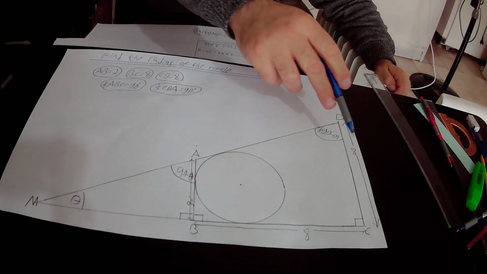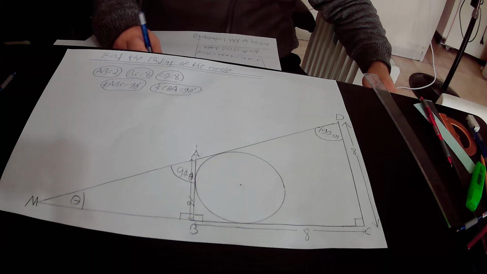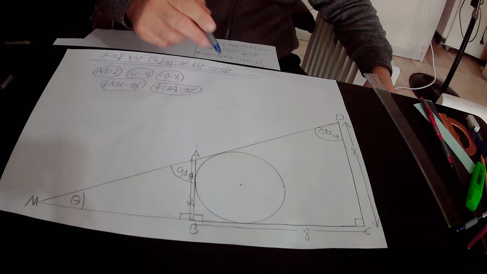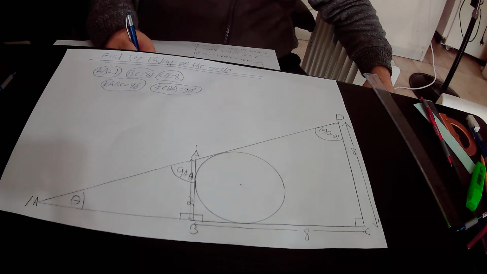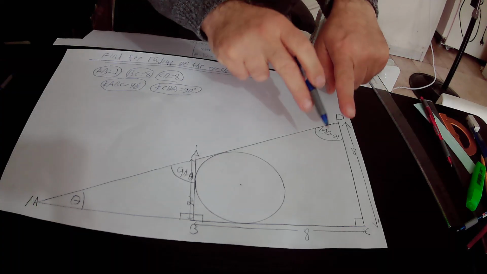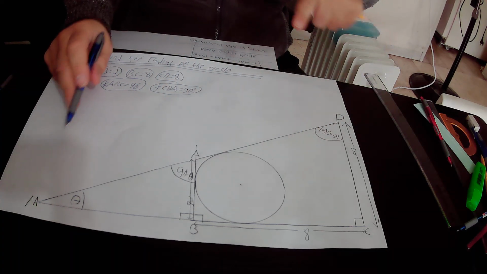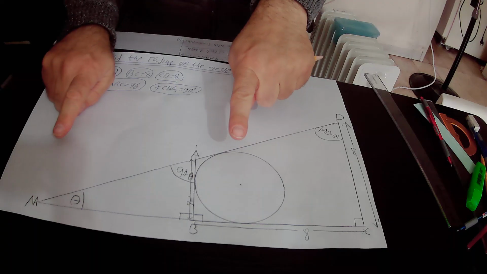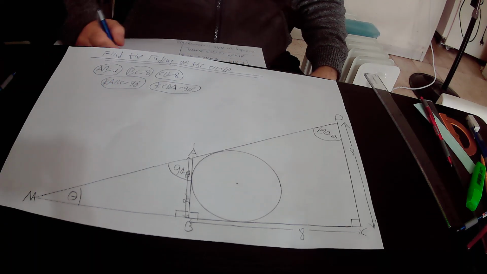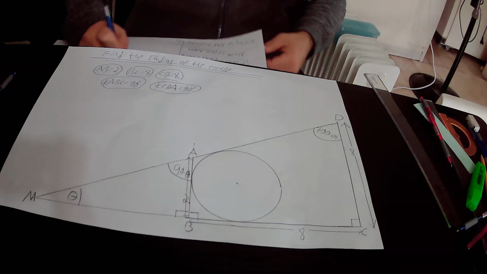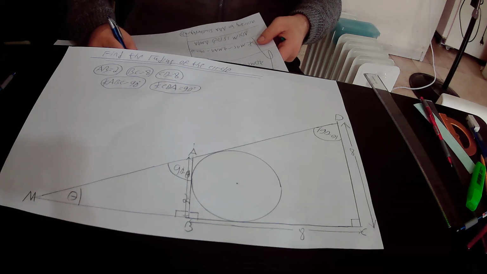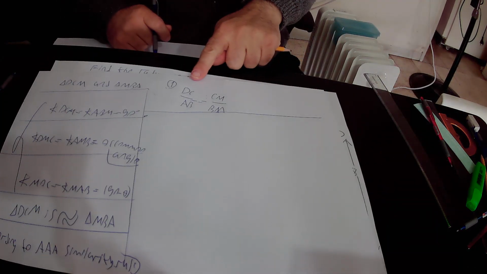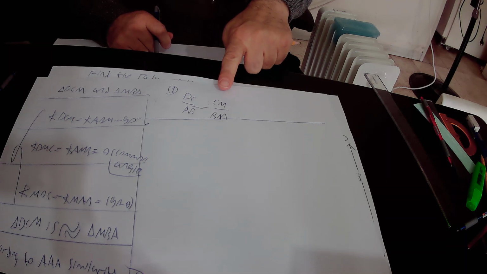Side DC in the big right triangle DCM over side AB in the small right triangle MBA equals side CM in the big right triangle DCM over side BM in the small right triangle MBA. DC over AB equals CM over BM.